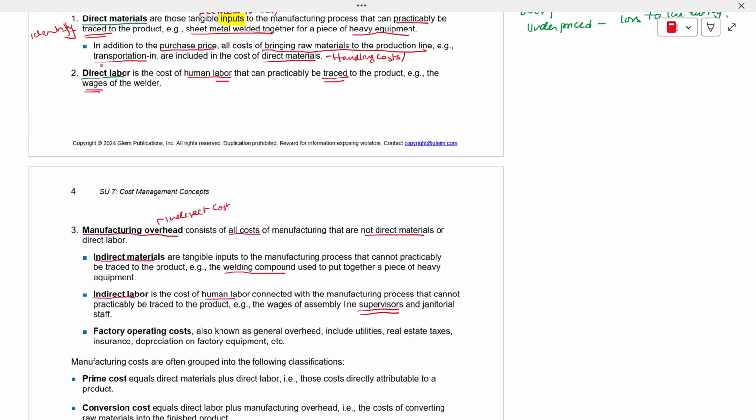Supervisors will supervise multiple teams, multiple locations, multiple processes.